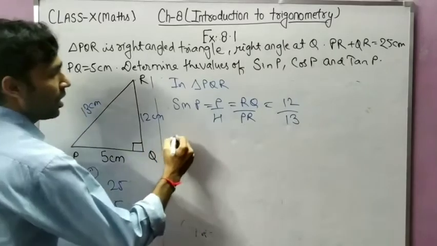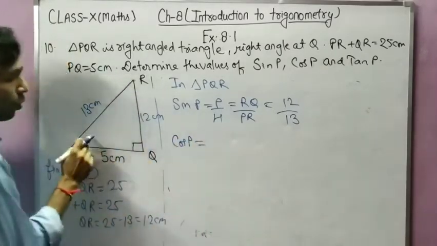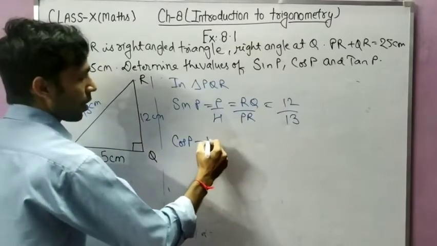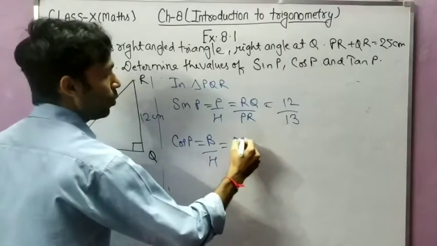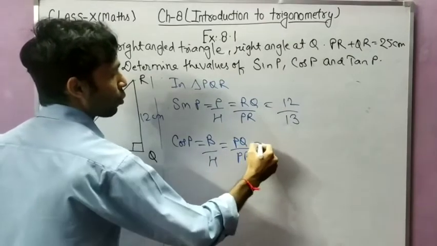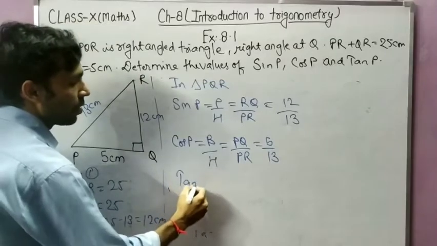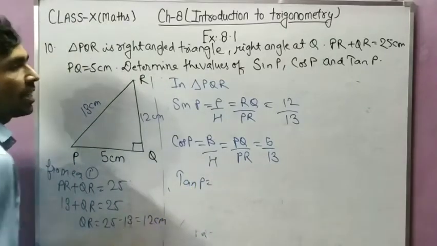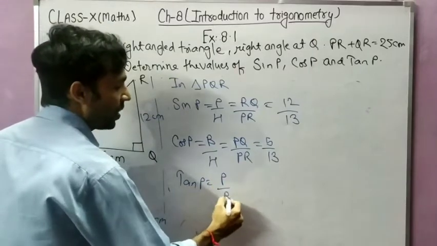Okay? Similarly, cos P, for this angle base upon hypotenuse, and base will be PQ, hypotenuse will be PR. So it will be 5 upon 13. And similarly tan P, we know tan theta is perpendicular upon base.